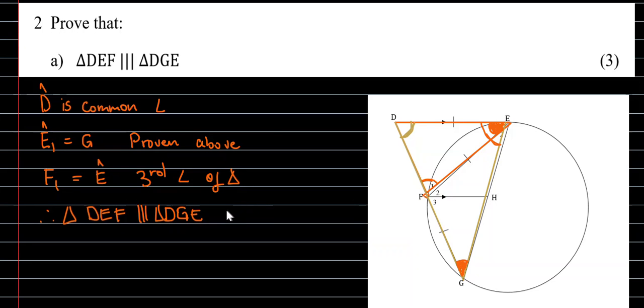Then why are you saying that? Because you just proved that this angle and the other angle and the third angle are equal for these two triangles.